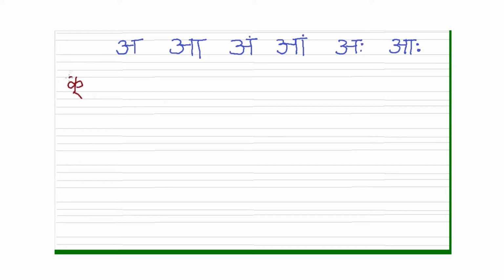Strictly speaking, when you remove that hal, you will get your a sound. I'm going to use the red letter for it. So just removing the hal will give you the a sound. And if you want the a, just as we have done for the swaraha, we just have to add an extra vertical line and we will get the a sound.